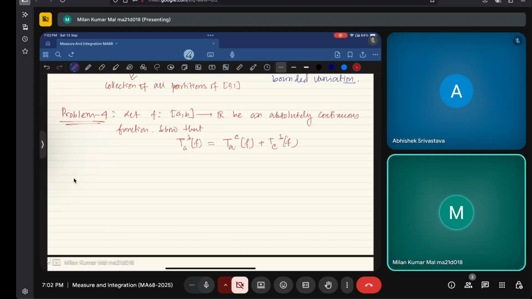Let it be a function of bounded variation.